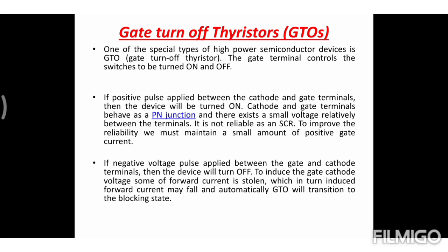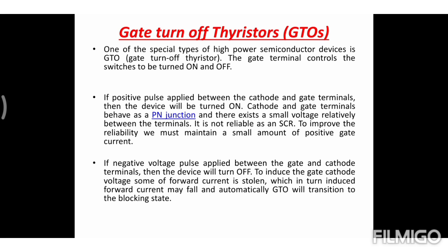And second one is, how can we turn off this GTO? Means by applying a negative pulse between the gate and cathode terminals. By applying the negative pulse between the gate and cathode terminals, we can turn off the GTO.